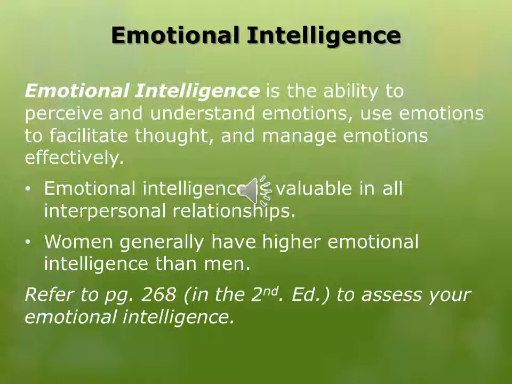Emotional intelligence is basically being able to understand your and other people's emotions. It's valuable in virtually all your interpersonal relationships, the ability to know and understand how you're feeling, or how your feelings may be impacting your perceptions. Women generally have higher emotional intelligence than men, and this could be attributed to the gendering process.